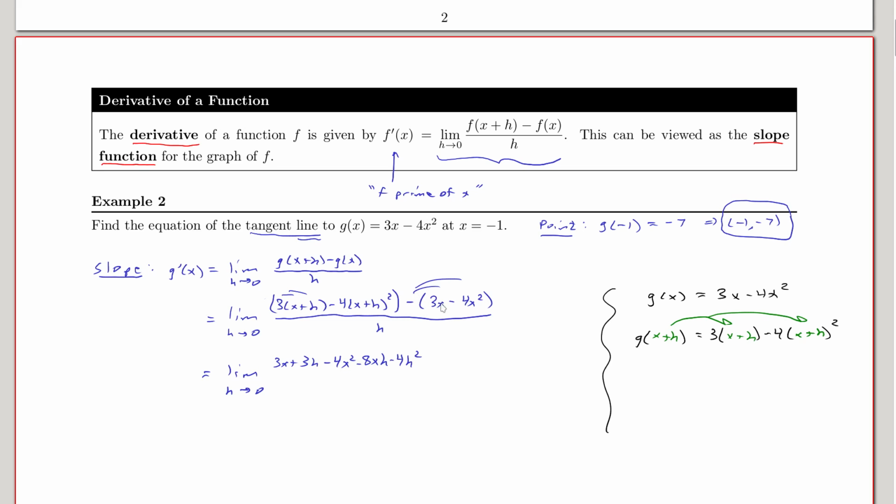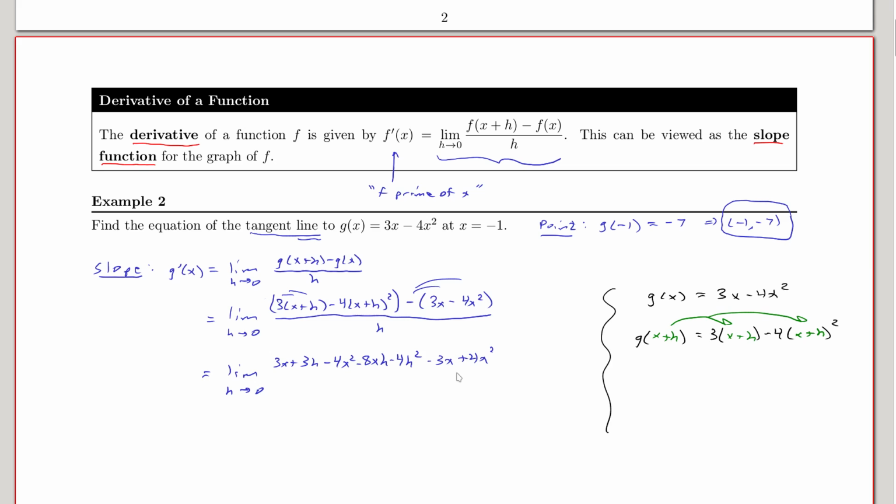This is a key place where I see mistakes. You'll know if you made a mistake if an h does not pop out on top. And often it's from not distributing this negative sign here to the second term. So we have minus 3x plus 4x squared.